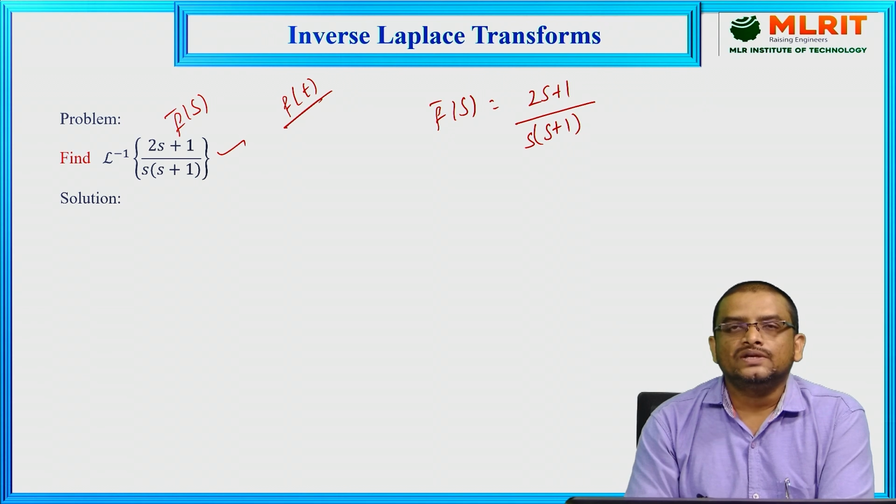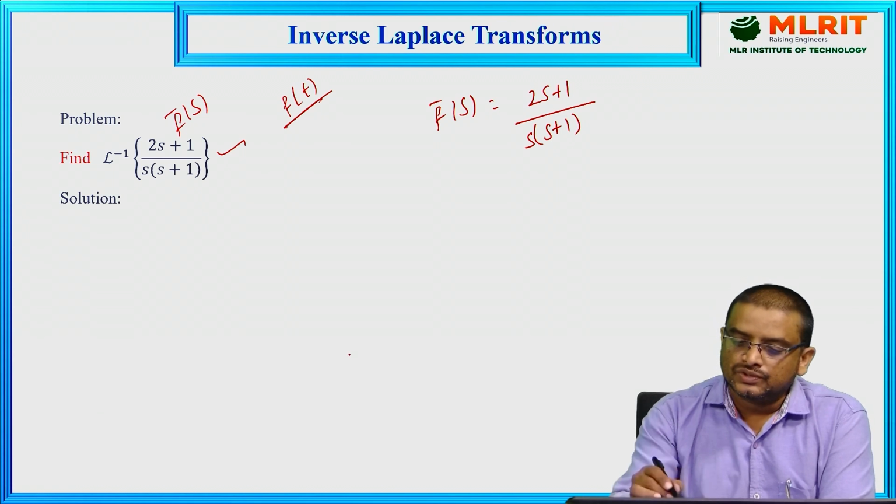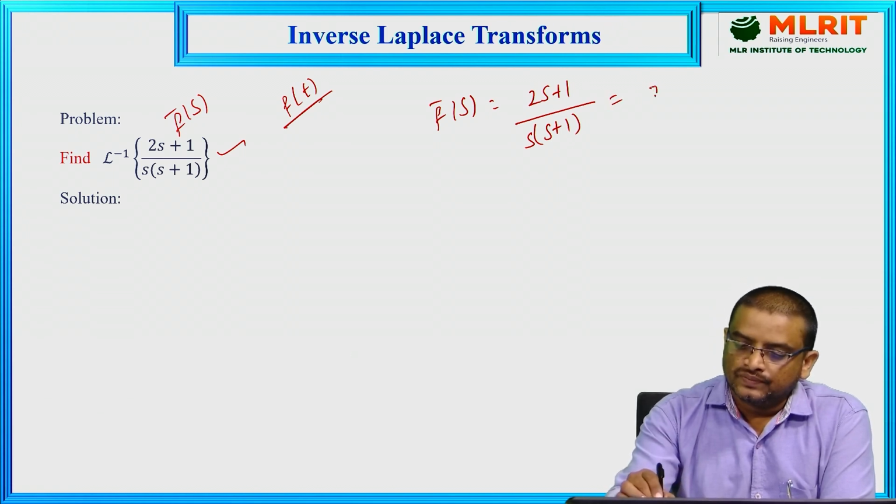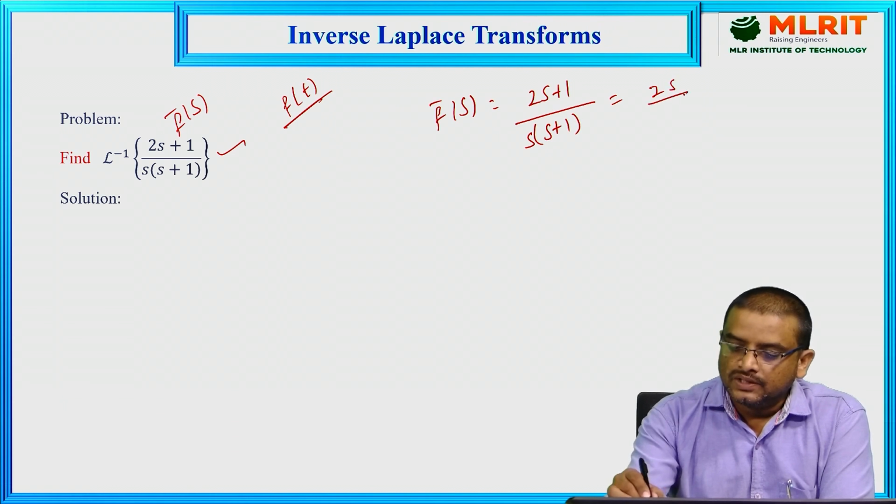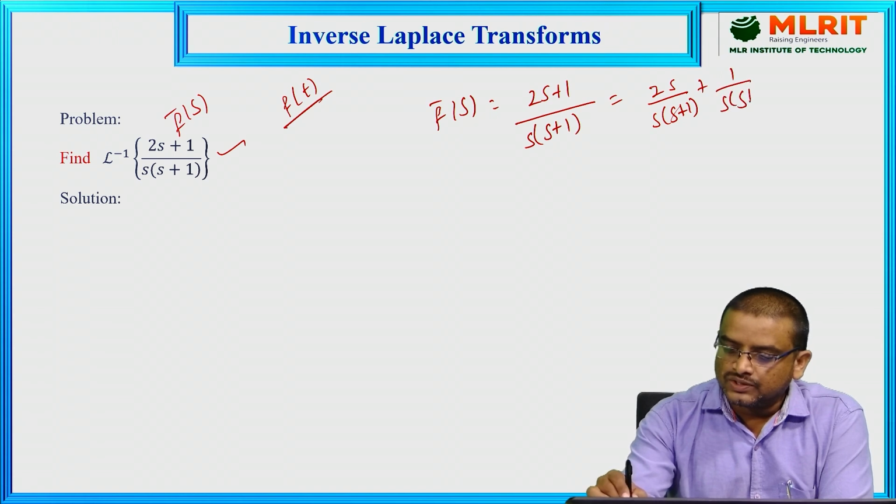Okay, now we will see how to reduce this function in terms of our standard formulas. Suppose we apply the a plus b by c split, you will get 2s by s of s plus 1 plus 1 by s of s plus 1.